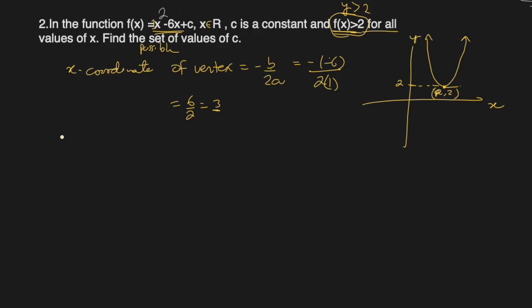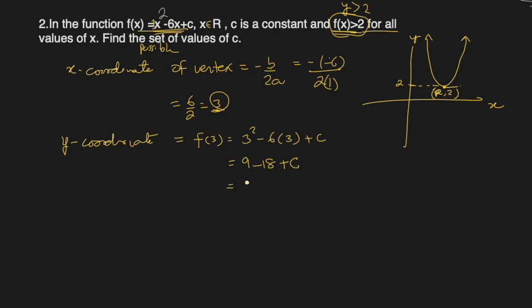So what about the y coordinate? The y coordinate will be, if I substitute this 3 into the equation, f(3), which is 3 squared minus 6 times 3 plus c. That comes out to be 9 minus 18 plus c, which is c minus 9.